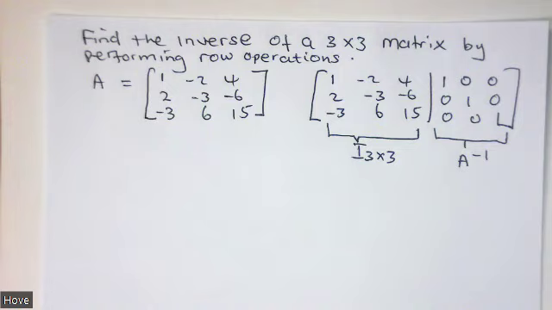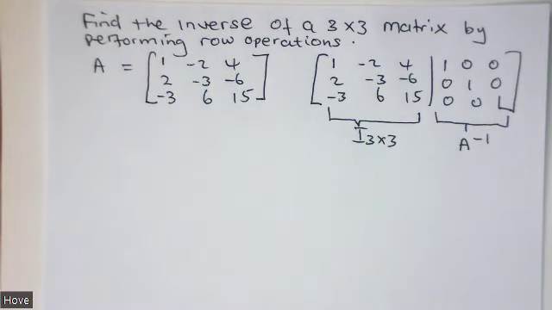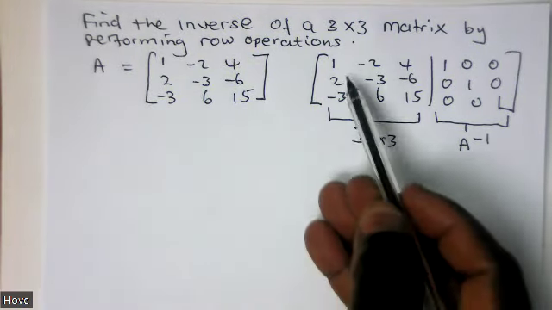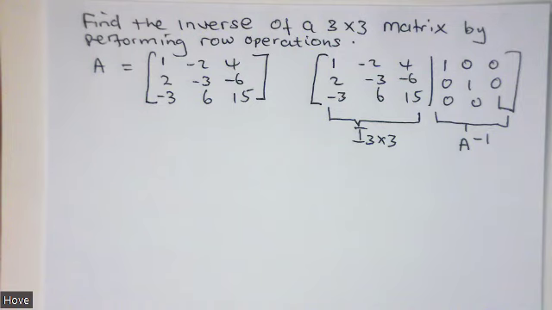That is the process. We make sure we create an identity on our original matrix, but as we are doing so, we are also creating the inverse on the right side.